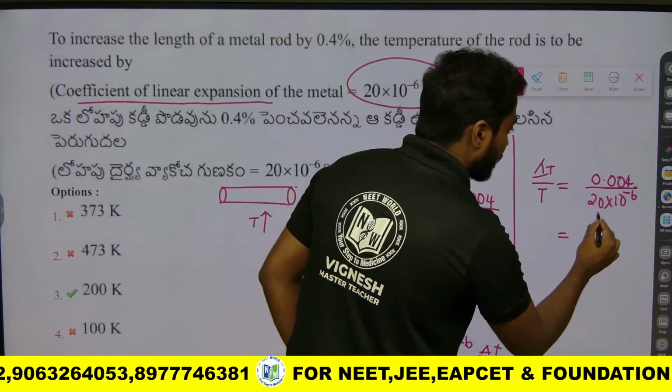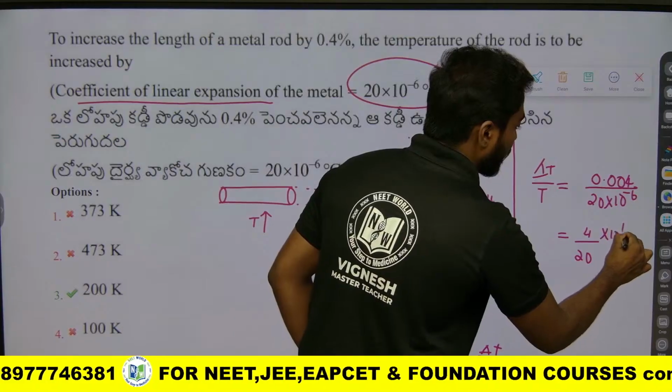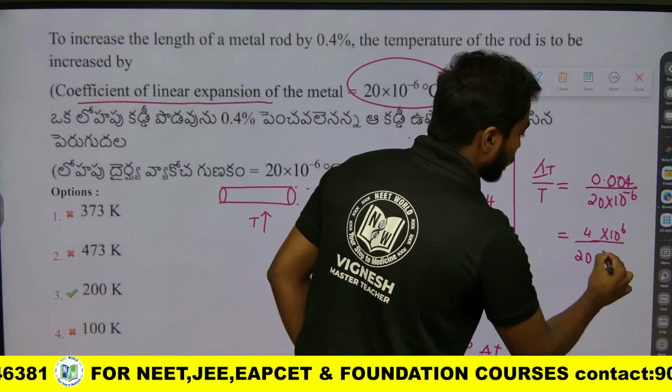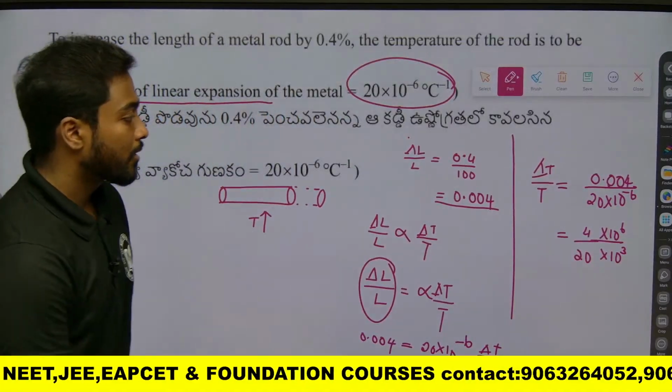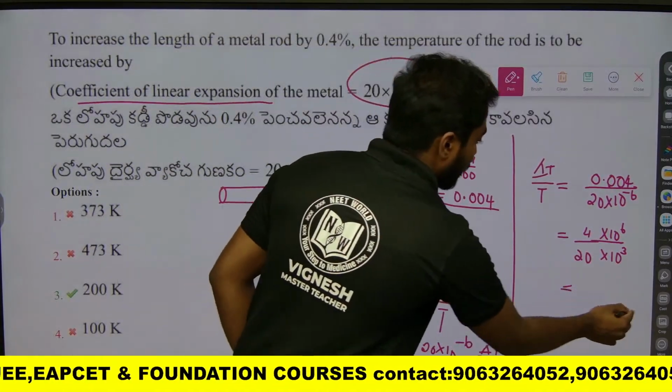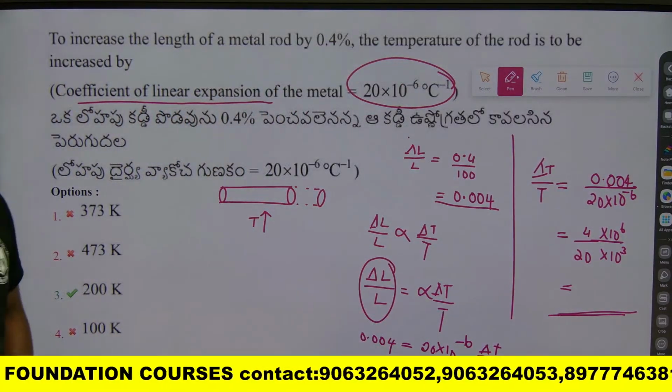So from this I can say that 4 divided by 20, 10 power 6, this 1, 2, 3, no? So into 10 power 3. That's it, no? So you can find the final answer for this. That's the temperature, right?